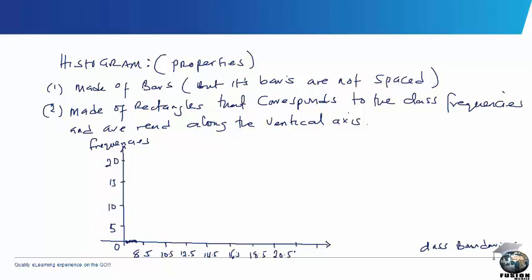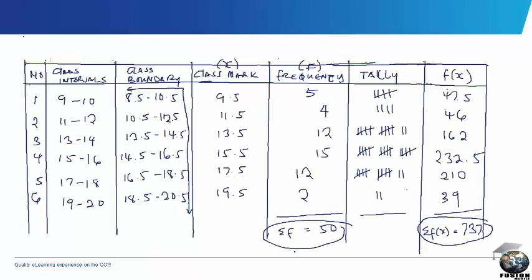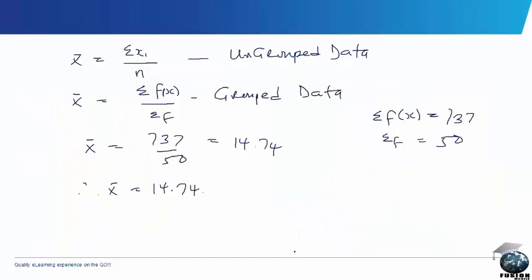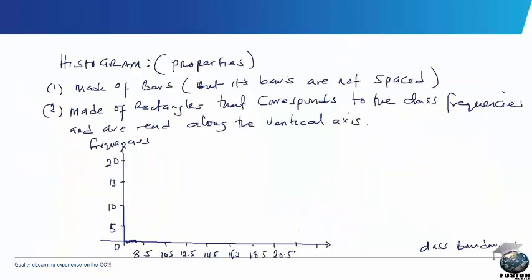All you have to do is to start from where the class boundary for each class started to locate the frequencies. The frequency I have for the first class is 5, right? And then I go to the first class. This is exactly the point where I have 5, and then I fit my bar.